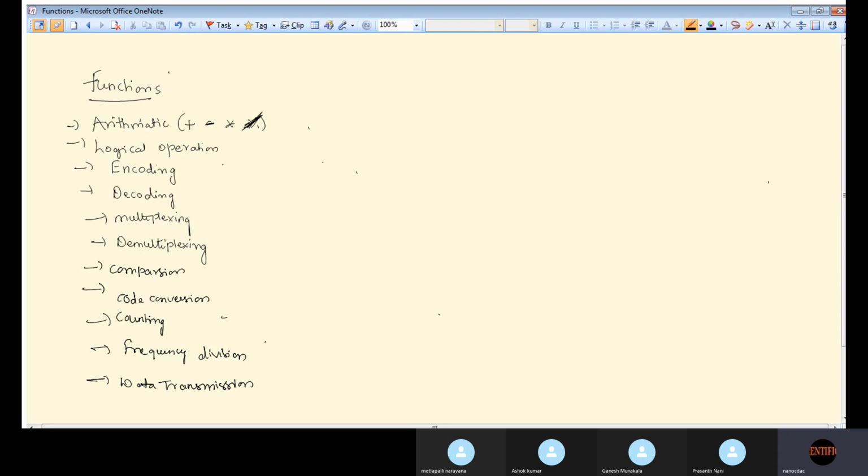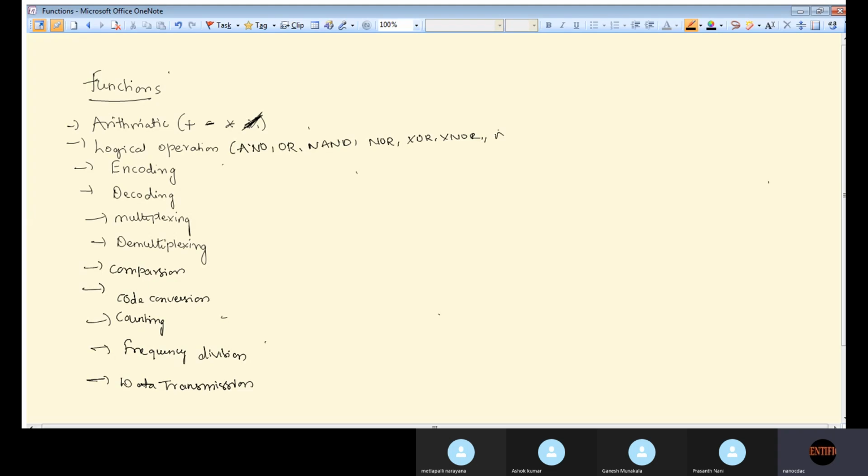Going on like this, a digital circuit can perform many operations. Arithmetic operations, you all know. Logical operations, you all know. What are the different logic gates? AND, OR, NAND, NOR, XOR, XNOR.